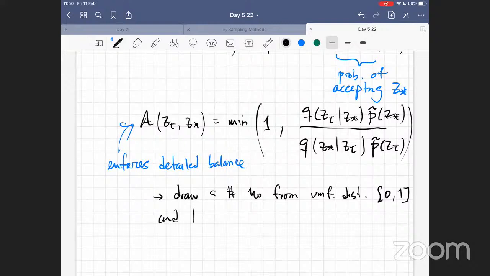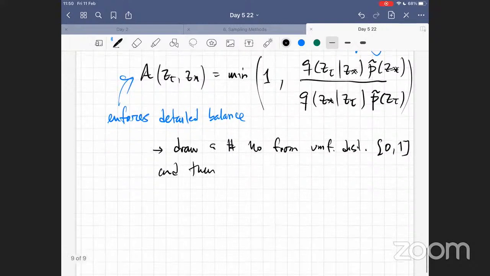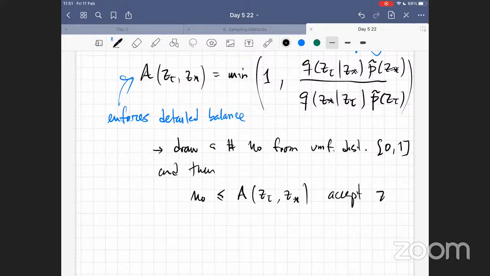And then if this number is smaller than the probability of accepting this new sample, then you do accept it. Otherwise, you reject it.